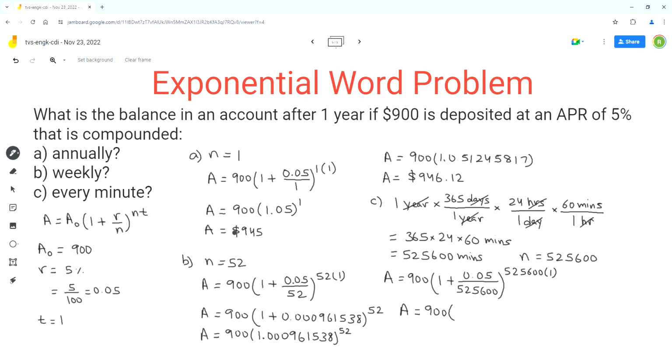So we start with 0.05 divided by 525600.